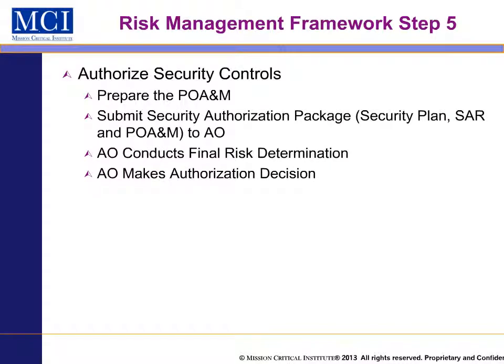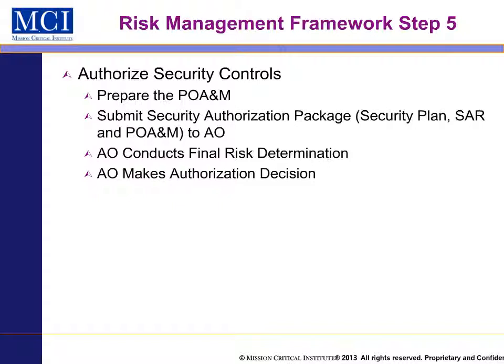In step 5, you prepare the plan of action and milestones based on the findings and recommendations of the security assessment report, excluding any remediation actions already taken. You assemble the security authorization package and you submit the package to the authorizing official for adjudication.